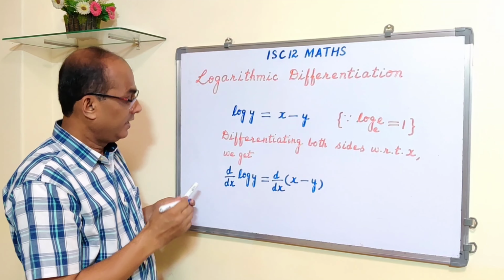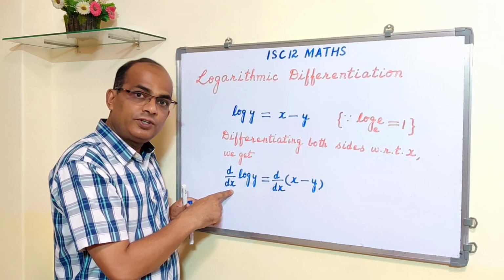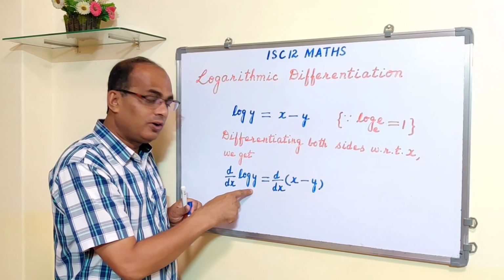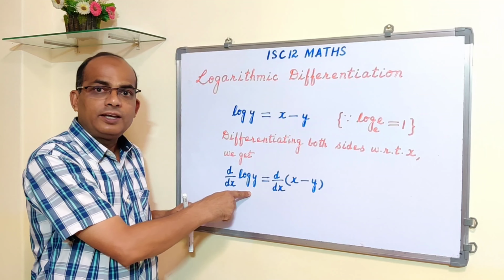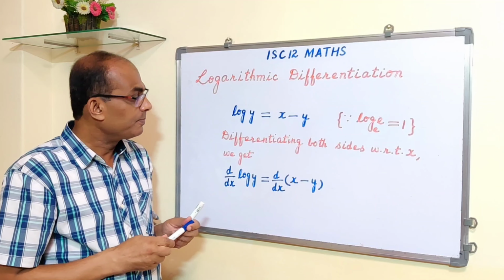Alright, now the function is in y and we are going to differentiate with respect to x, which we cannot. So we write d/dy of log y into dy upon dx, and d/dy of log y gives you 1 upon y, because d/dx of log x is 1 upon x.